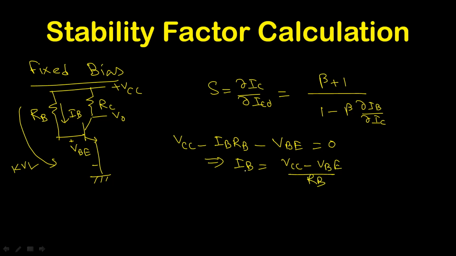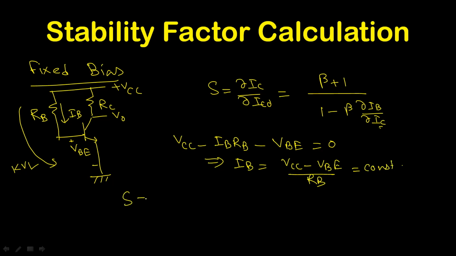Now check the value of IB. VCC is a supply voltage which is constant. The value of VBE, that is 0.7 for silicon BJT, is also constant. And RB is also constant. So IB, basically here in this circuit, is not a function of IC. So we can write it is constant.